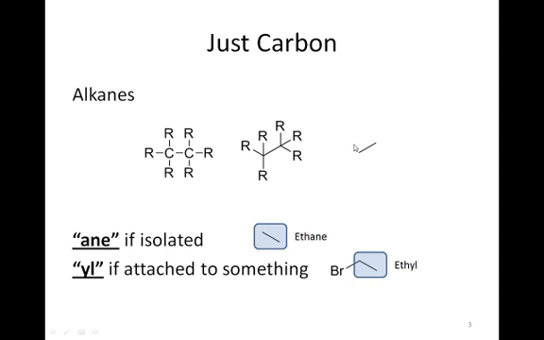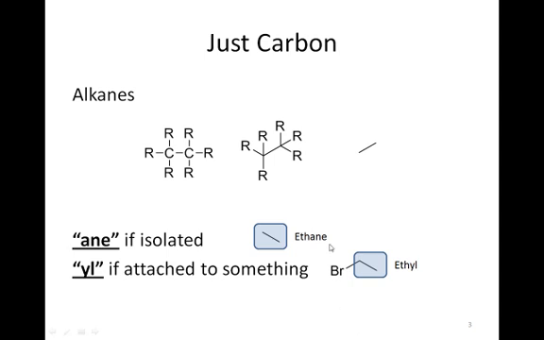So, if we took this molecule and we wanted to name it, we'd call this ethane. It's got 2 carbons in it, so we call that ethane. It's only ethane if it's isolated on its own. If it has something attached to it, like here, where we've got a bromine attached, it then becomes an ethyl group.